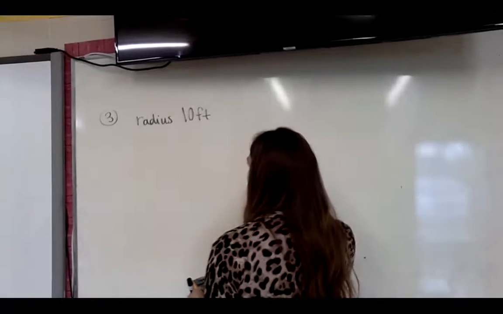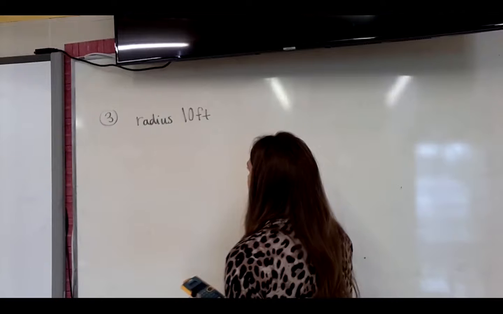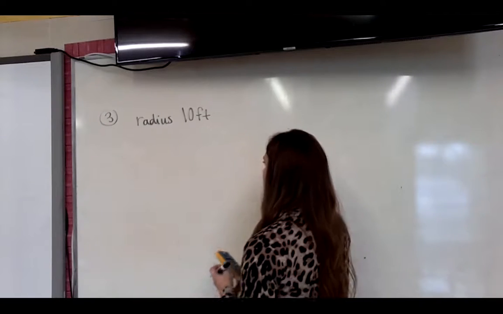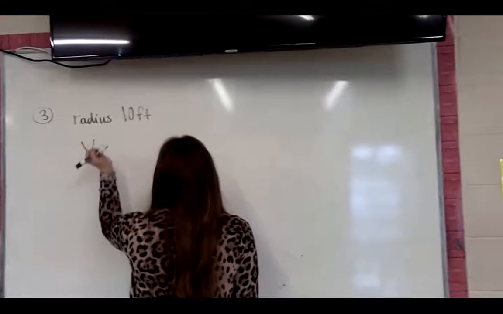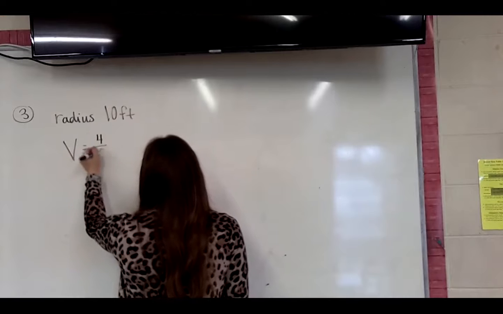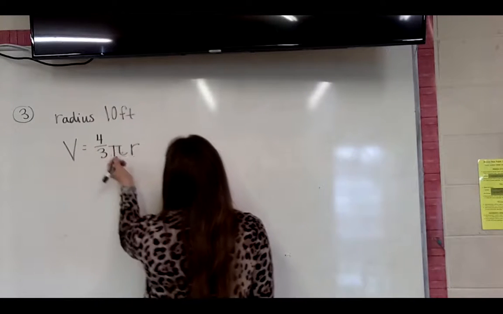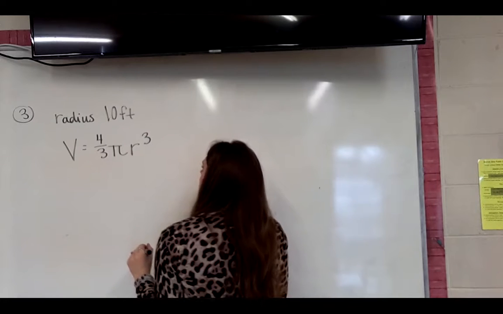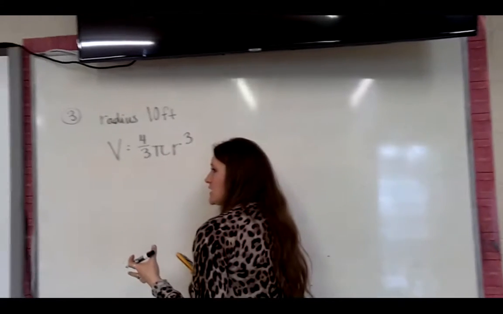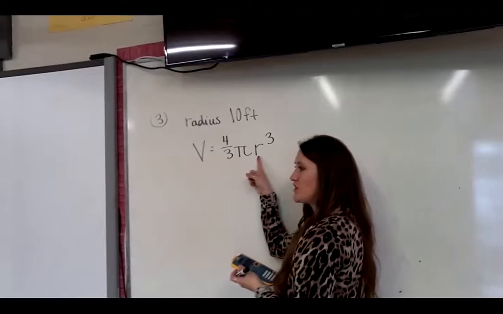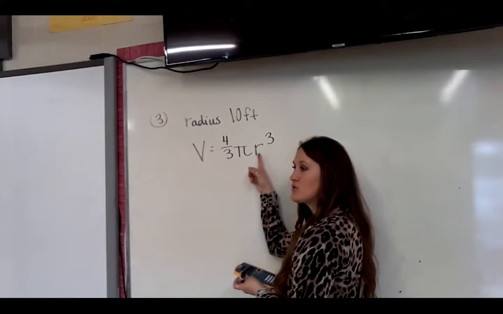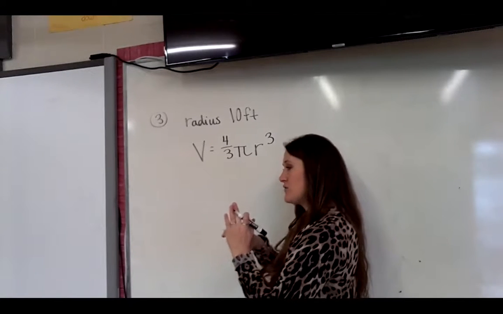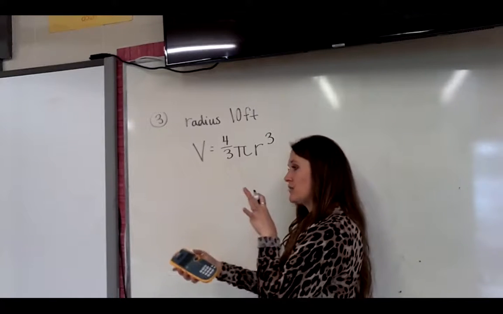So we're finding the volume of a sphere with a radius of 10 feet. So that formula for a sphere is 4/3 pi r cubed, to the third power. Okay, so think of it like there's an r for each dimension. It's 3-dimensional, so there's an r for the flat, then the 2-dimensional, then the 3-dimensional.